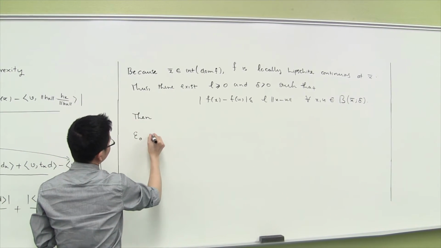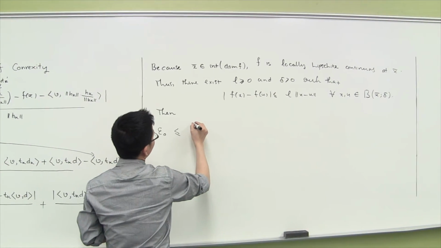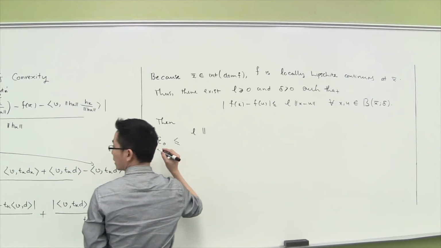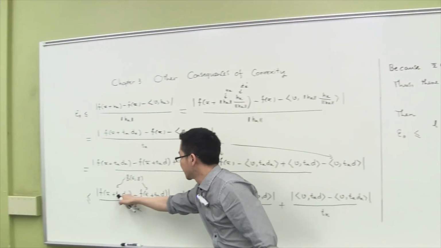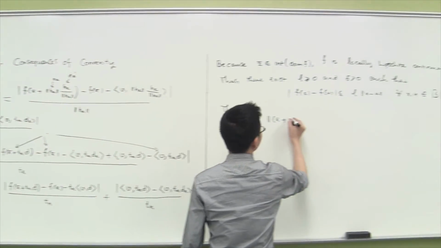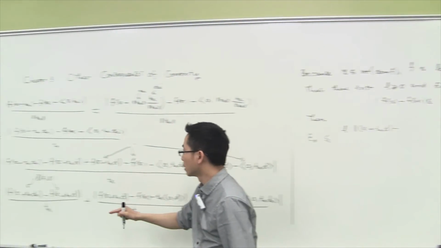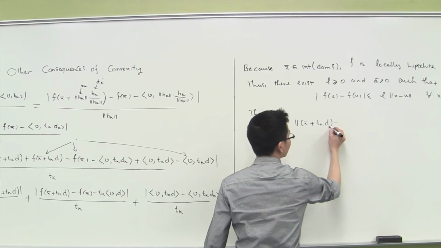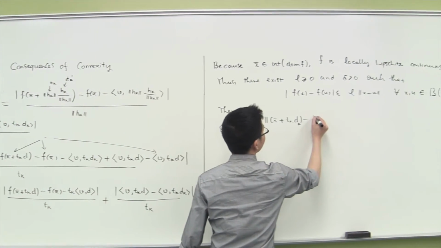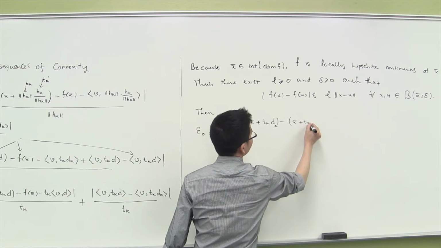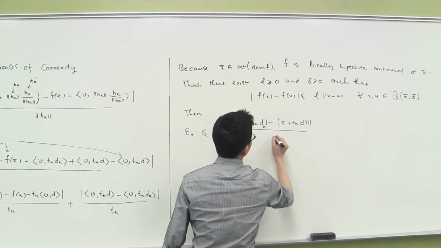Okay, so then we get this epsilon naught is less than or equal to L times norm of x bar plus tk times dk minus x bar plus tk times d, everything divided by tk.